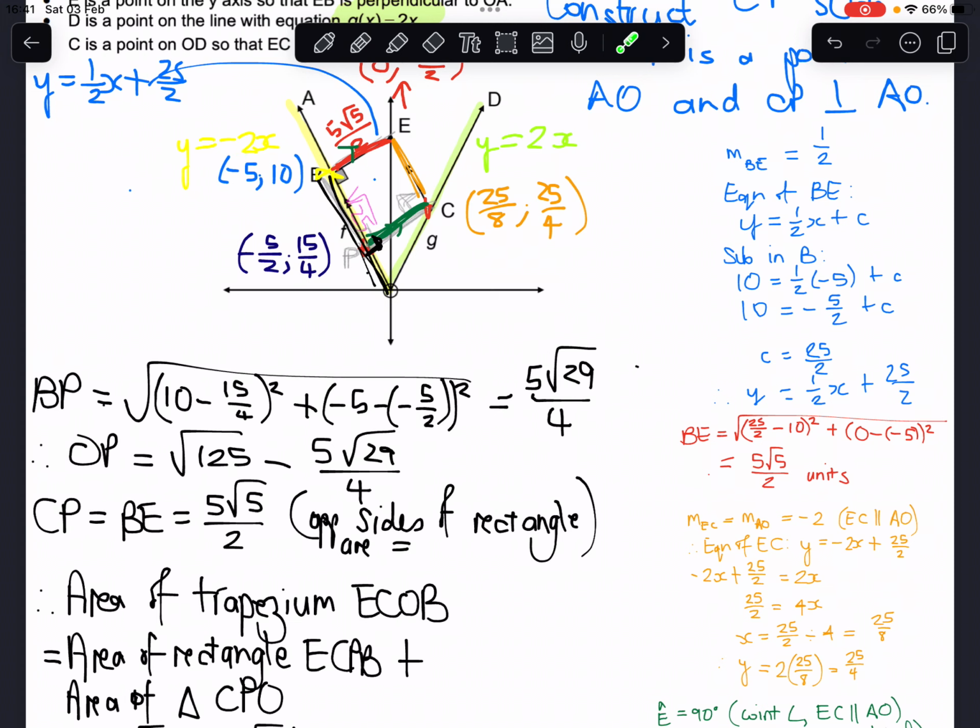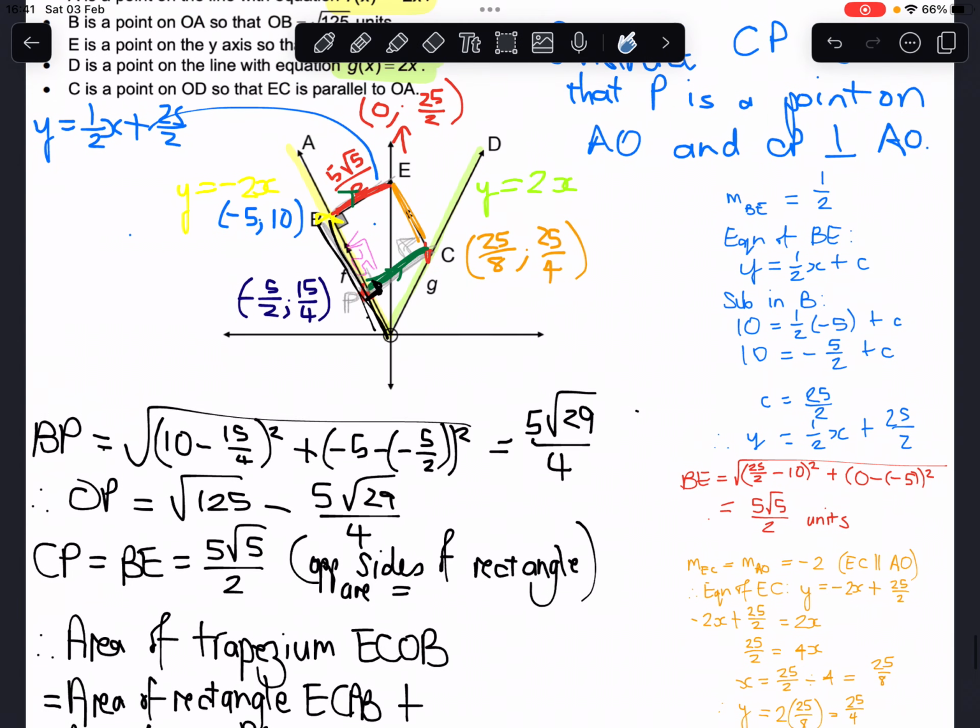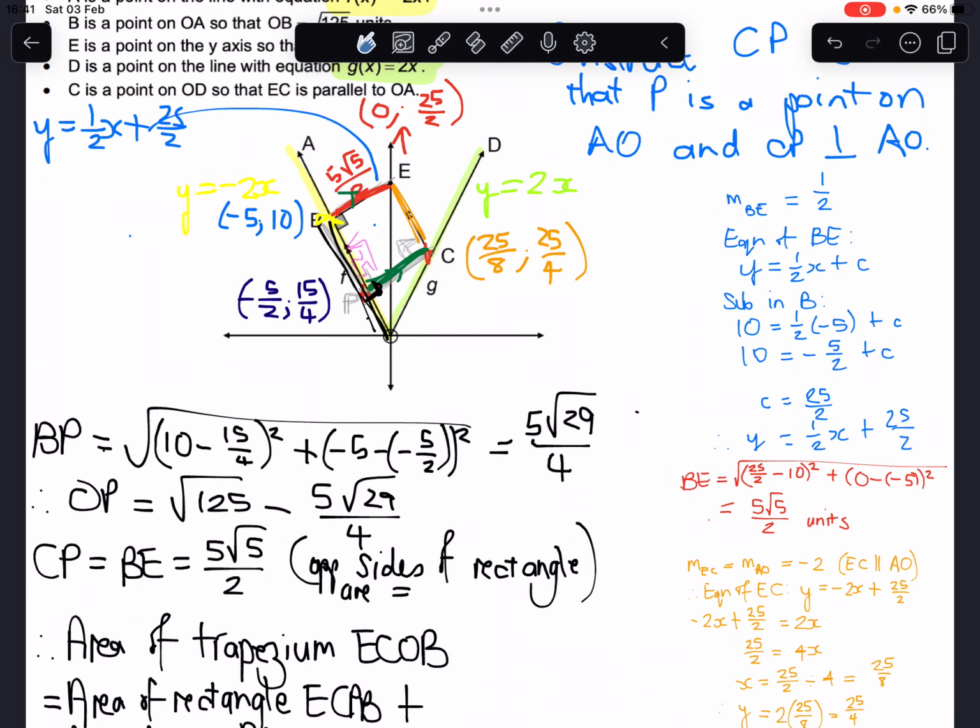So the equation of EC is y is equal to -2x plus something, but we do know the y-intercept. We know that the y-coordinate of E is 25/2. Let's just double check that. Yes. So, voila, just like that, we have the equation of EC.